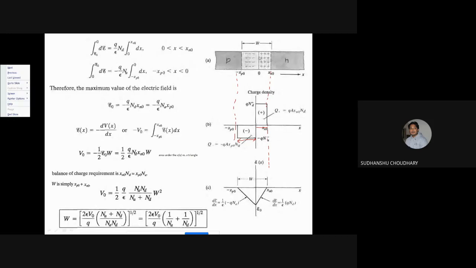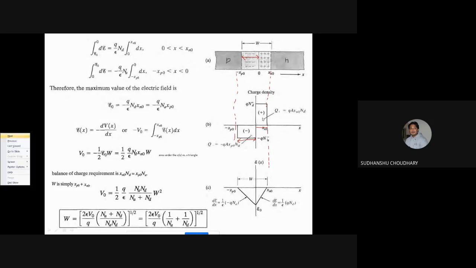That is why there is a difference in the areas covered by these charges. This is just position X across the semiconductor, and the positions are marked over here, XP naught and XN naught.